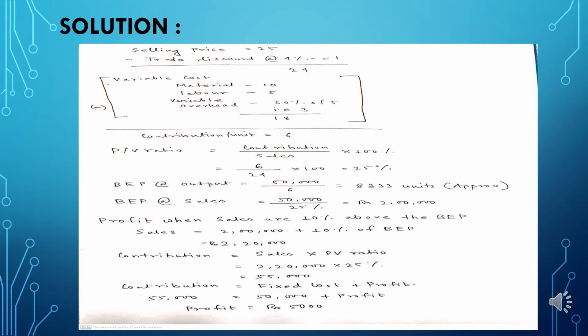Now if we go back to the variable cost calculation, because we know that sales minus variable cost gives us contribution. Coming back to the variable cost part here, we can see that it has already been mentioned that material is rupees 10 per unit, labor cost is rupees 5 per unit.